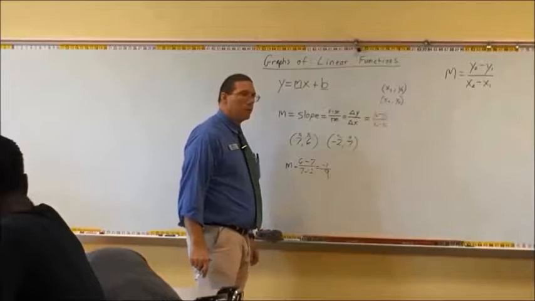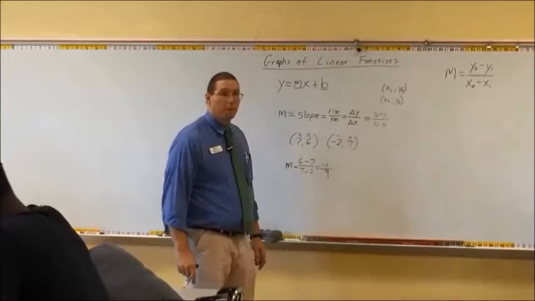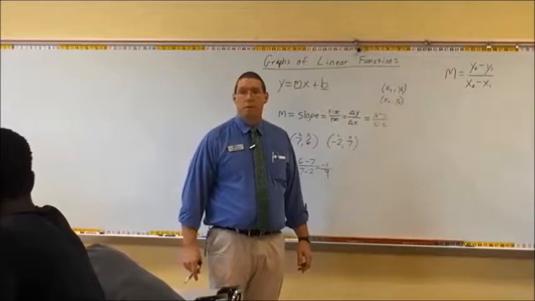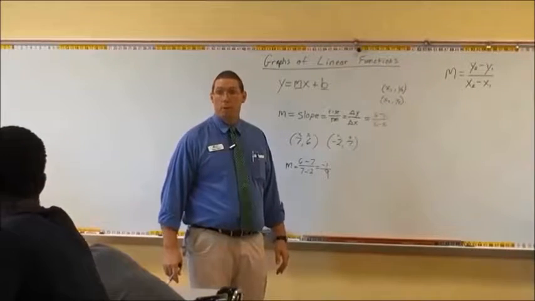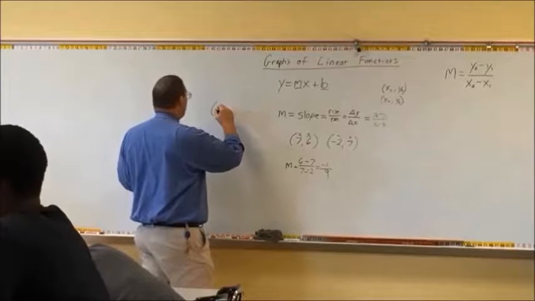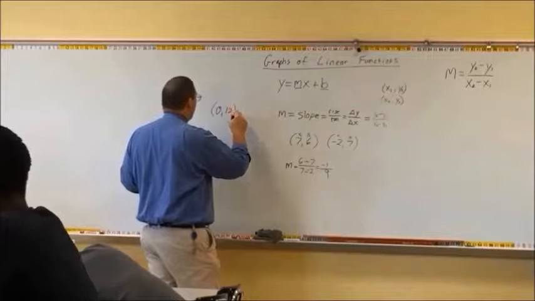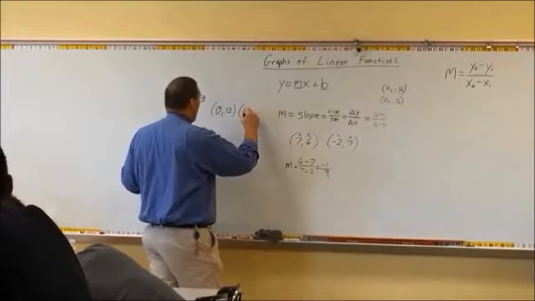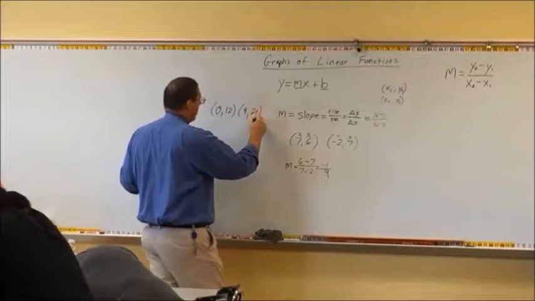Now, do you want to do another one, or do you want to move on? If any one person wants to do another one, I'm doing another one. Does anyone want me to do another one? You want to do another one? All right. So what is the slope between the points 0, 12, and 9, 20?